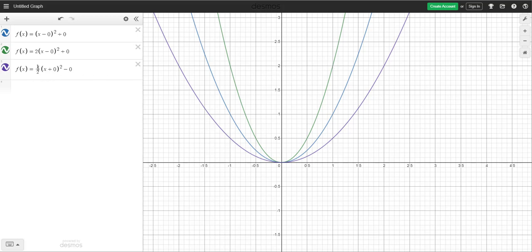When we have the shrink or compression, which is this 1/2, you notice how it is shrinking or compressing towards the x-axis. So if we now go over 1, we are going up 0.5. So that is our vertical stretch or shrink.